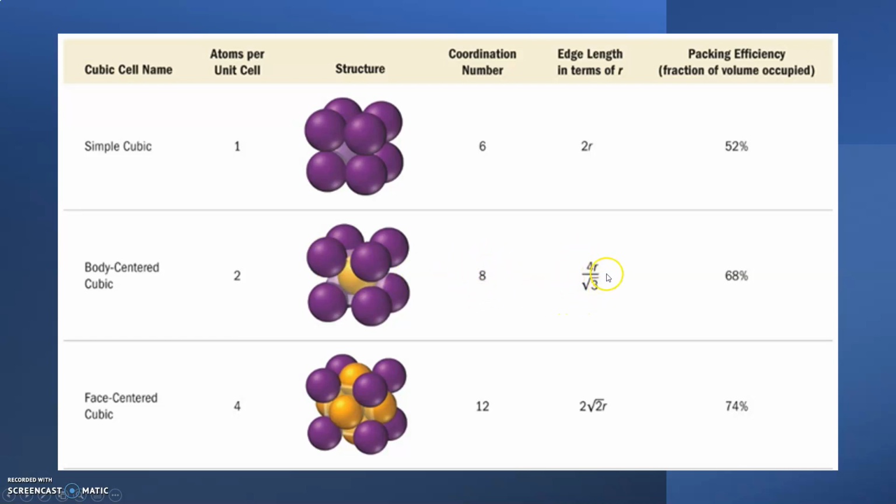This is how you can calculate the edge of the cell, and 60% of the cell is occupied by atoms. In the face-centered cubic, you have 4 atoms per cell. The coordination number is 12. This is the way you can calculate the edge length, and the cell is occupied by 74% of atoms.